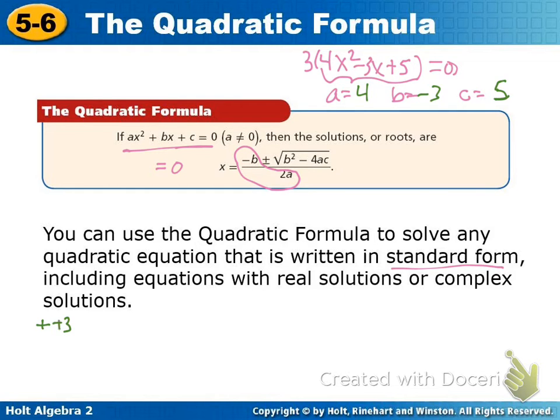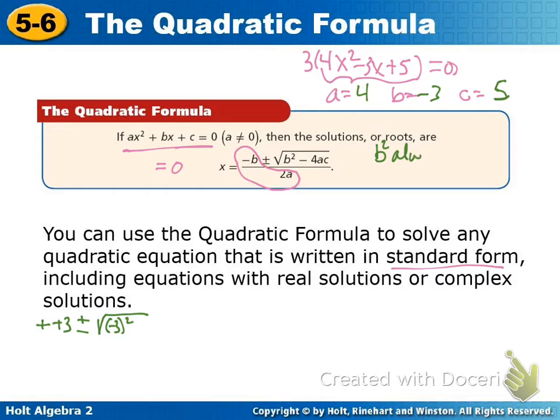So remember that, and then plus or minus the square root of B squared. The B is a negative 3, and we are going to square that. Remember, squares are always positive. Your B squared will always be positive.